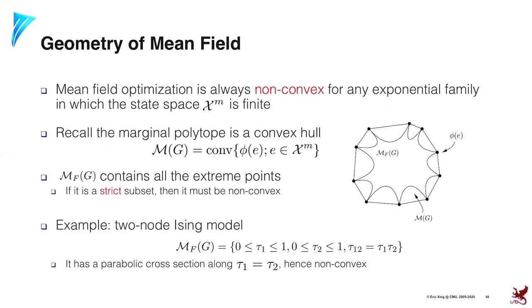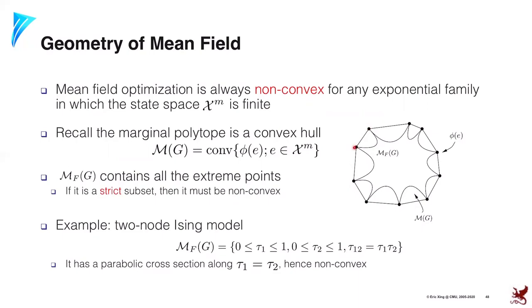So this is easy to explain. Recall that we have the marginal polytope M_G, which is a convex hull like this. So the outer part is this M_G, a convex hull. Then we require this M_F to contain all the extreme points of this polytope.